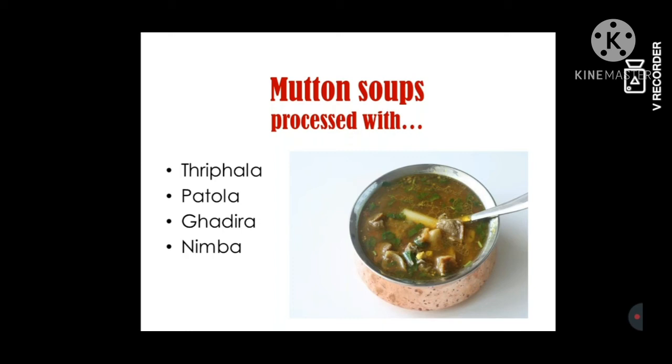After purification of the skin, after purification of the internal body, systematic and systemic purification, we can provide the ajamamsa processed with tribala, patola, gadira, and nimba. If we are providing these items after proper purification, that will nourish the skin.